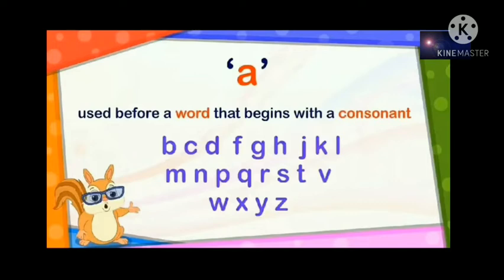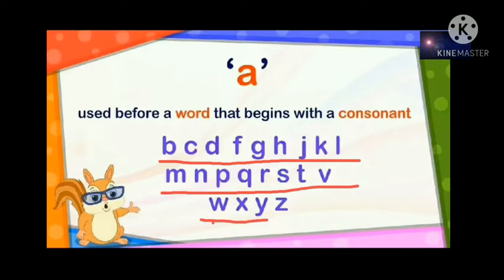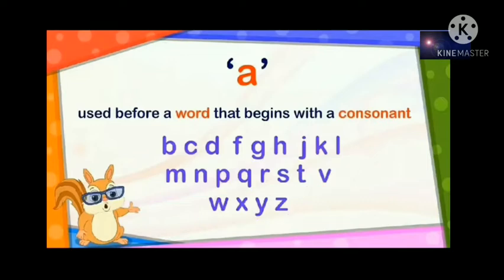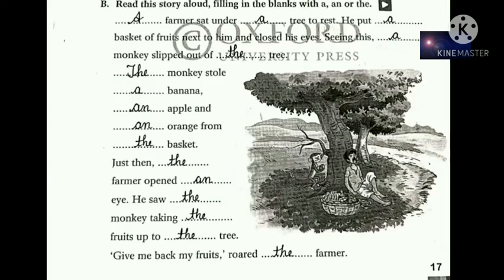What are consonants? The consonants are B, C, D, F, G, H, J, K, L, M, N, P, Q, R, S, T, V, W, X, Y, Z. So here in the sentences we have the words farmer F, tree T, basket B, which start with a consonant.